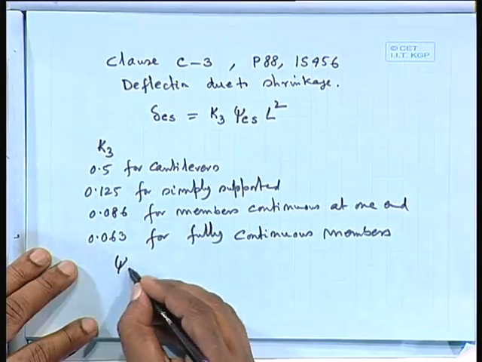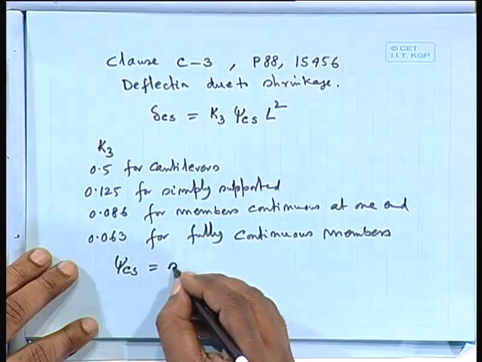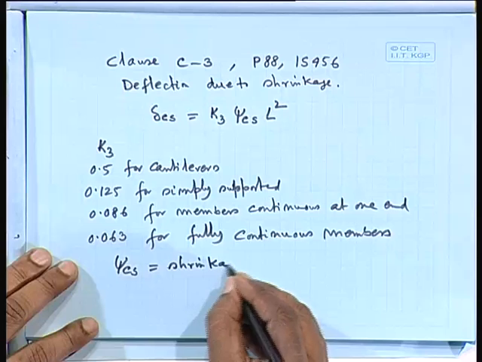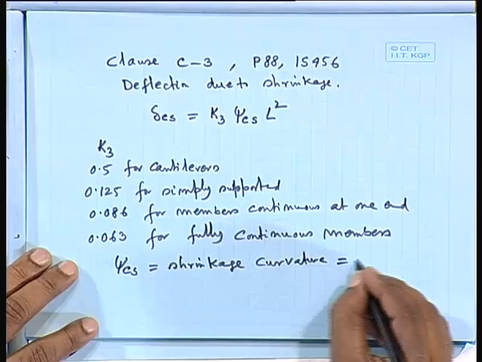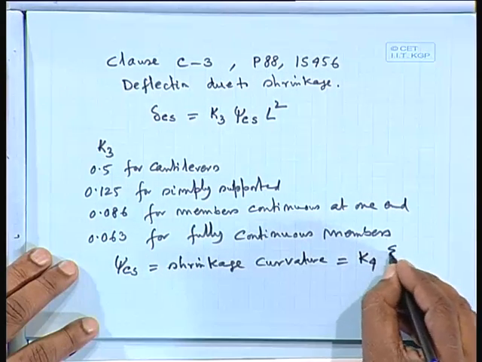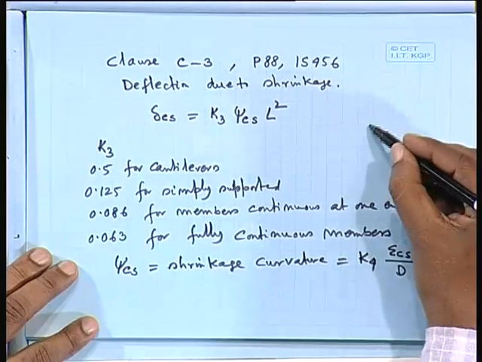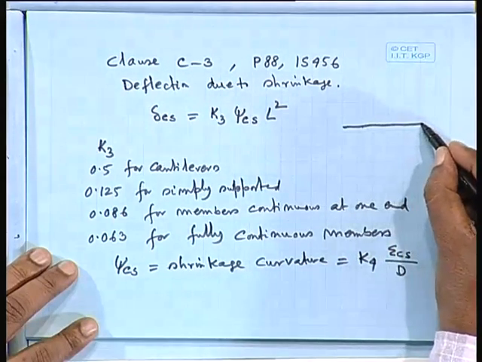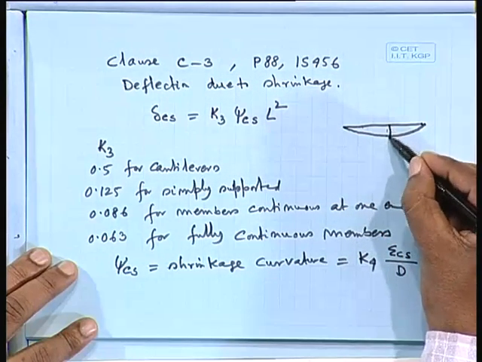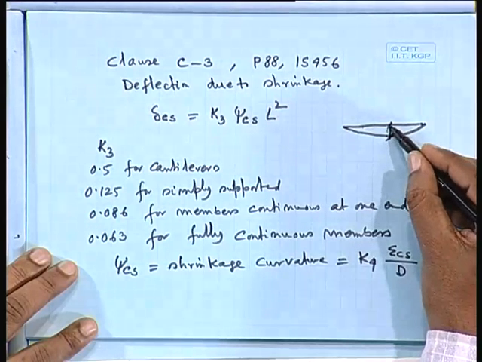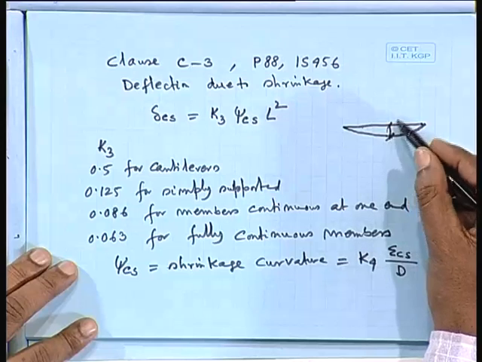Psi CS will be equal to, that is called shrinkage curvature, and that is equal to K4 epsilon CS by D. So, here what happened, actually you are assuming that there is a beam and due to shrinkage there is a deflection, and that deflection we have to find out. So, indirectly what we are doing, actually we are calculating the shrinkage strain, and from there we can find out.